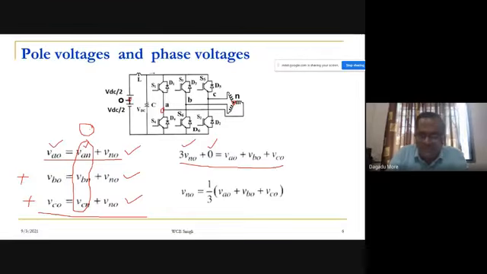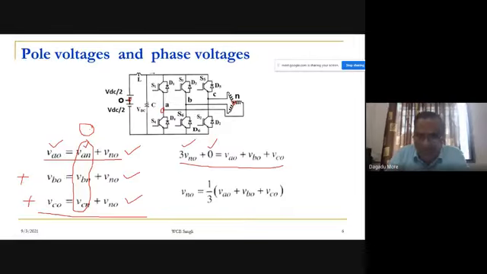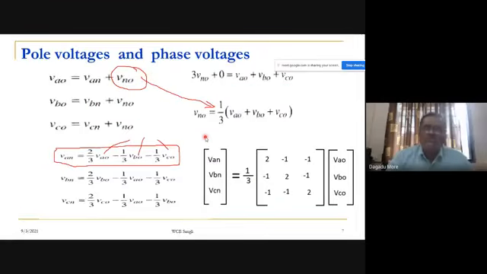At one instant in a three-phase two-level inverter, from each leg one switch is on. So three switches will be on simultaneously.